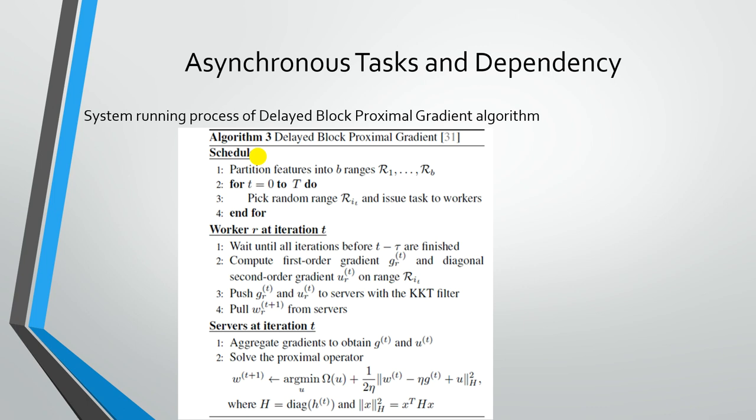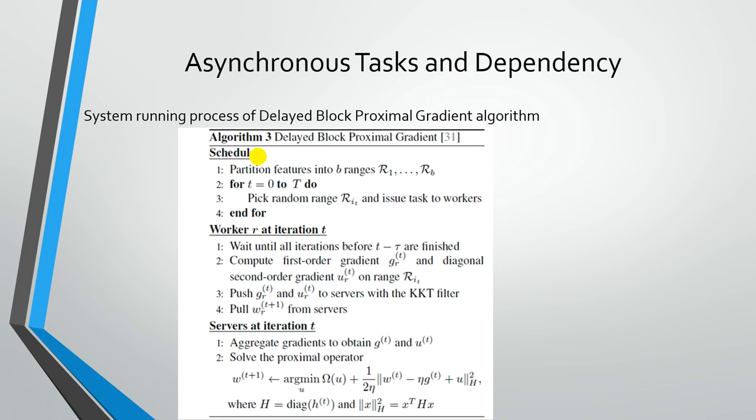In the worker set, it will wait until the iteration before T, that is tau time, the extreme condition I talked about in the previous slide. So it should finish everything before tau time. Then compute the first order gradient and the second order gradient.